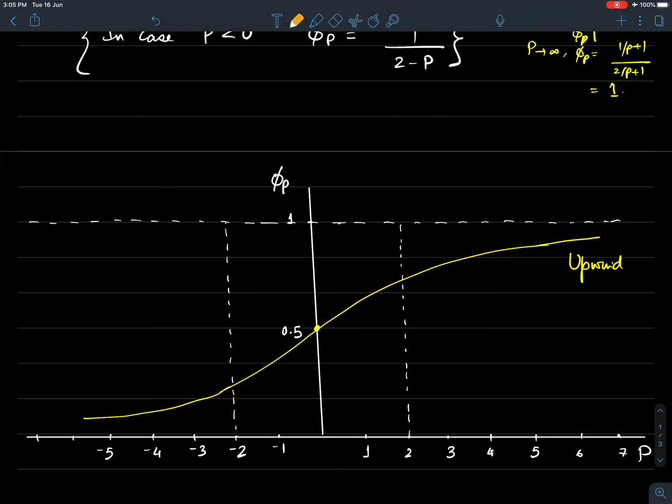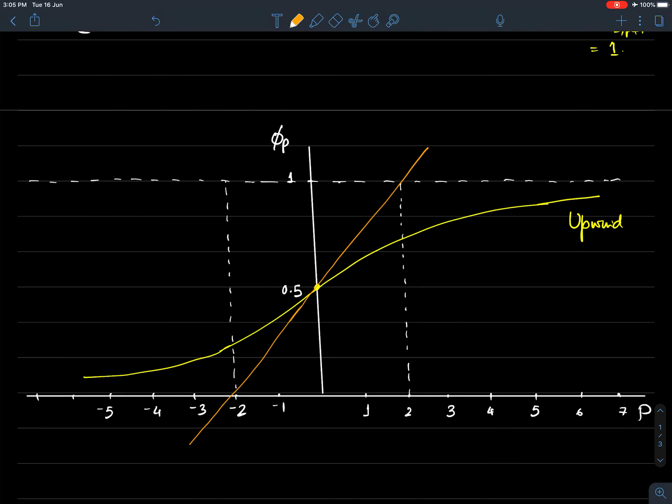So with this central differencing scheme, what you will see is something like this. This is what phi P would look like. This is going to be the central differencing solution.